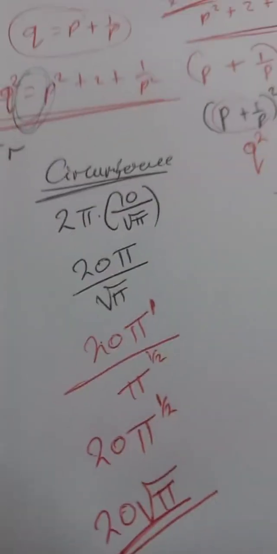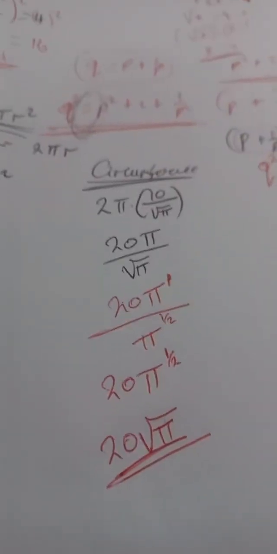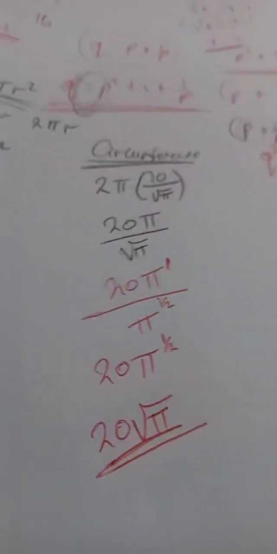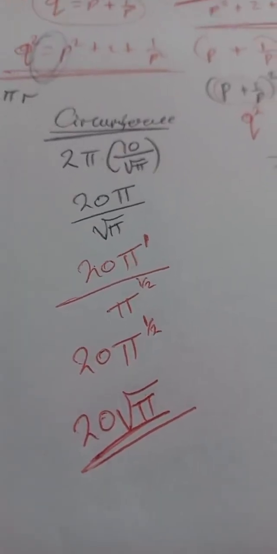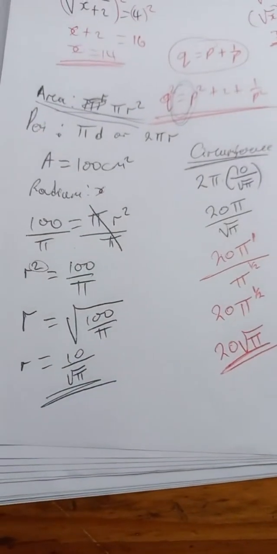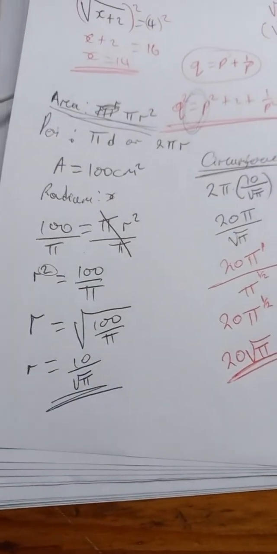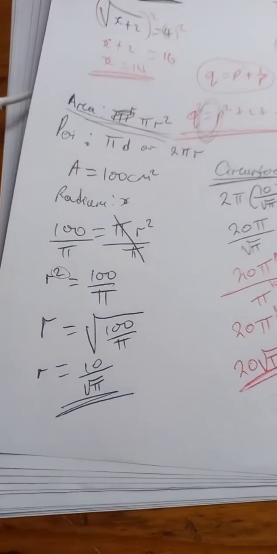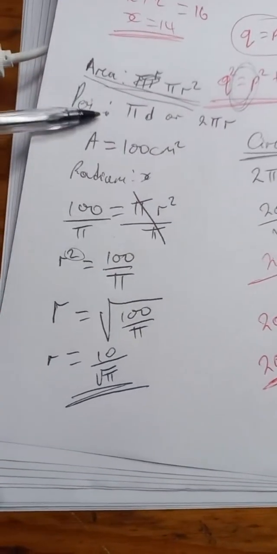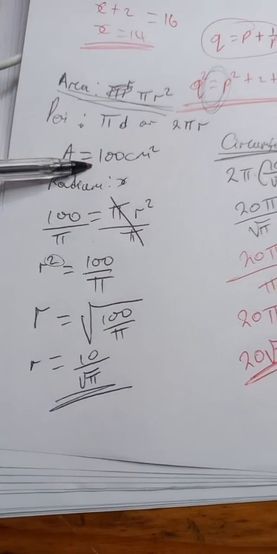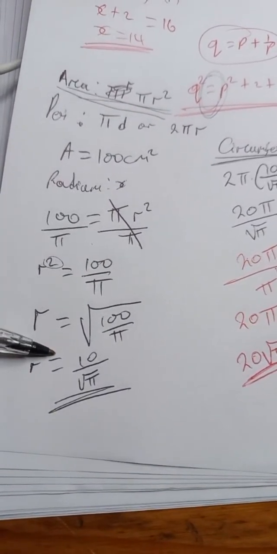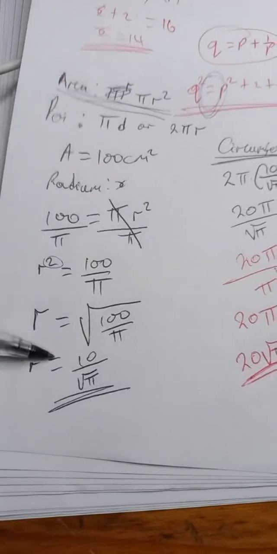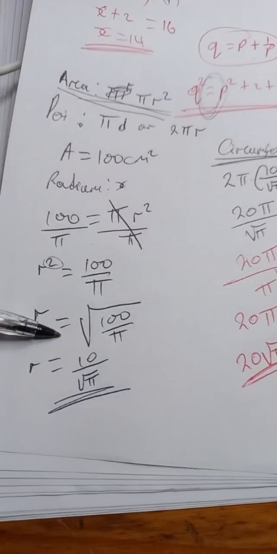Anything you do not understand here, please let me know. These two are actually area and then circumference. We were given the area in the beginning, and then we were told to calculate the radius in surd form, and then we calculated the radius.